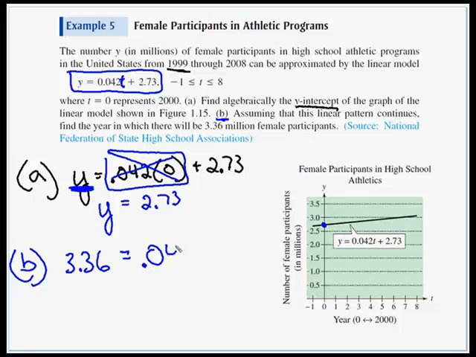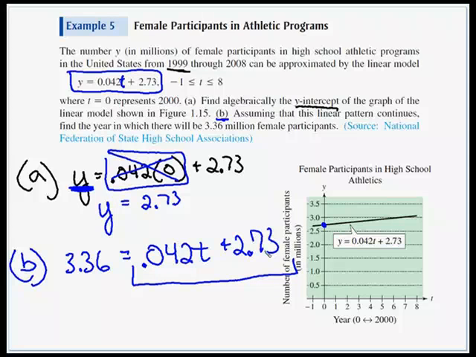So we're going to have our 0.042t plus 2.73. This is the model that some scientist or mathematician came up with. We want to find out what value of t is going to give us that many millions of female participants in the athletic programs. So the first thing I'm going to do here, I'm going to subtract that 2.73 from either side.